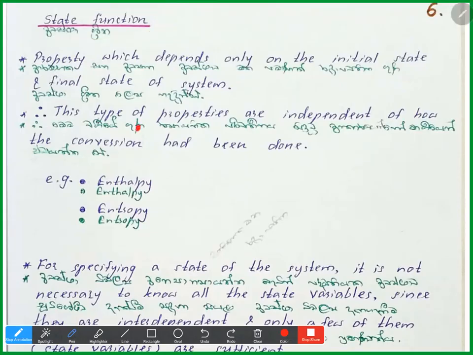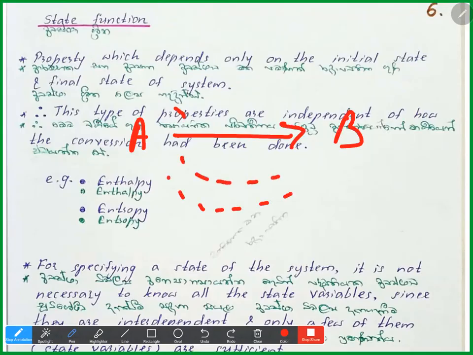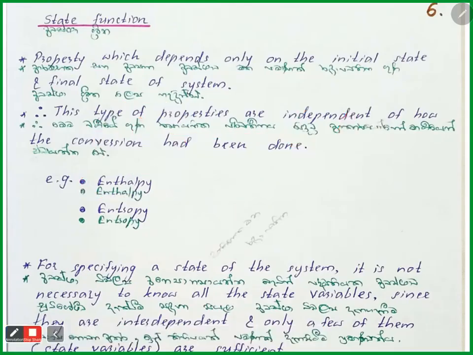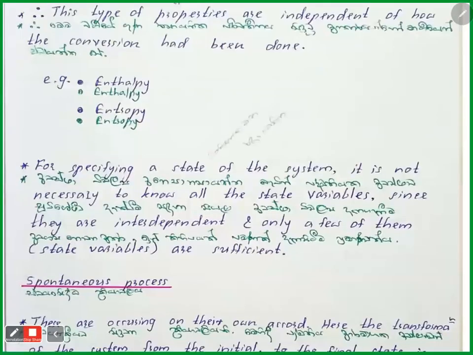As an example, if A goes to B, it doesn't matter whatever path it is using. Regardless of the mechanism or path, entropy of the system depends only on A and B. Enthalpy of the system also depends only on A and B. Those are called state functions.